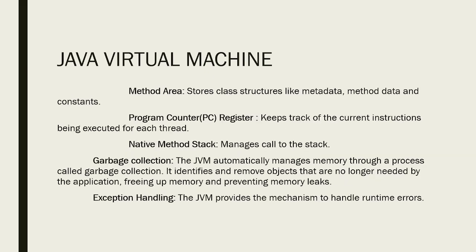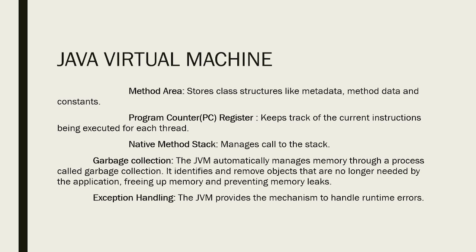Then the method area. The method area is where our class stores its methods, method data, constants, and everything else. And then the program counter register, which keeps track of the current instruction executed by each thread.